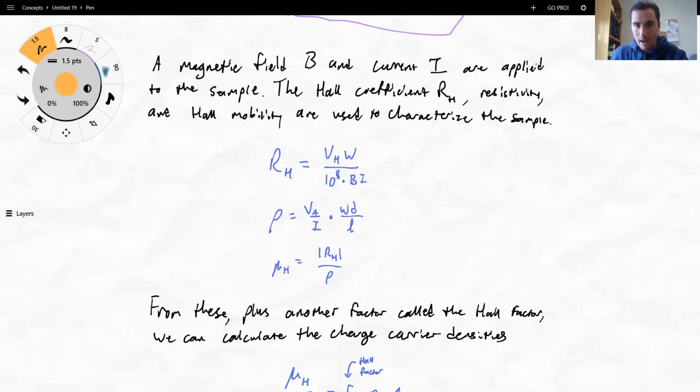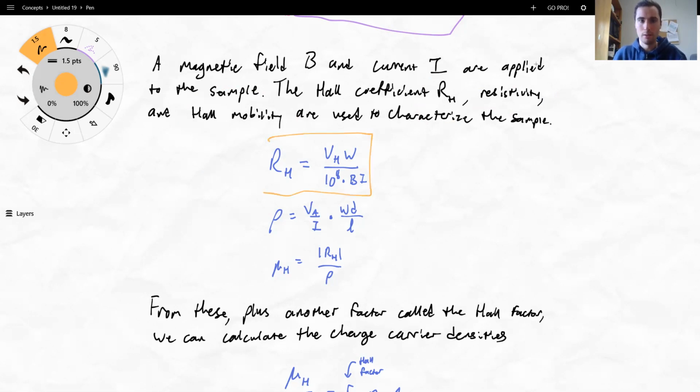And then from that, we can get what's called the Hall mobility. So we already mentioned the regular mobility mu, but this is going to be the Hall mobility, which is saying how easy it is for this to move in these conditions with both current and magnetic field applied.